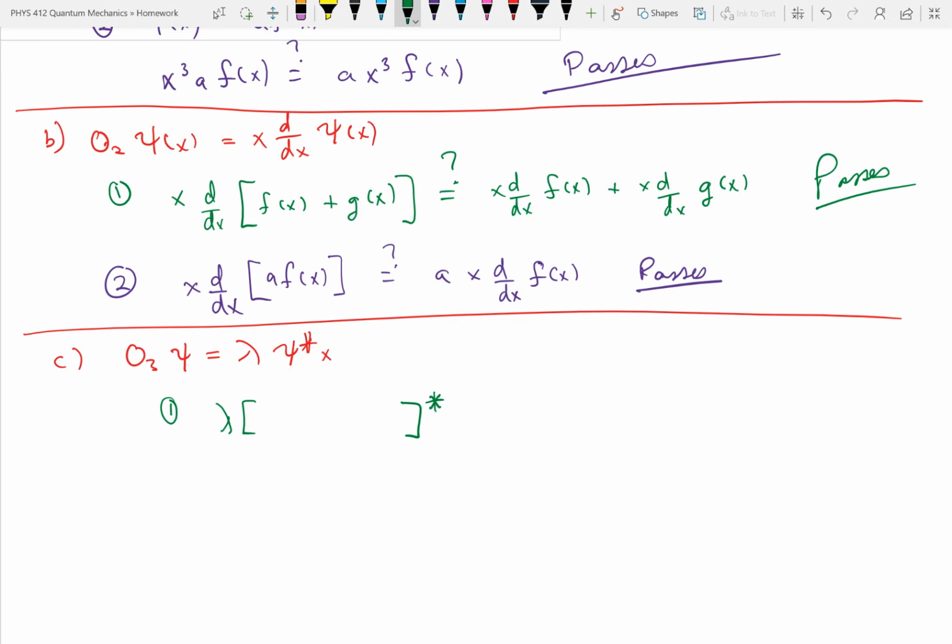In which case it's lambda f of x g of x star d of x.